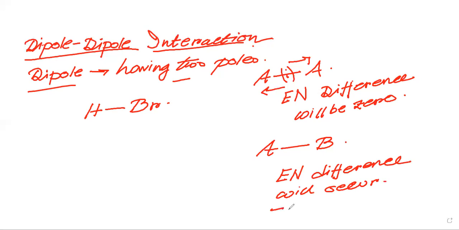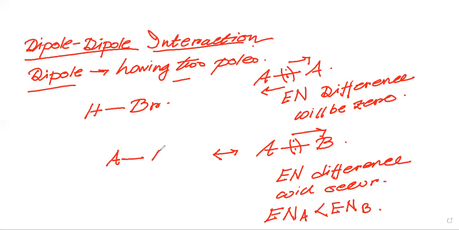Suppose the electronegativity of A is less than that of B. What will happen? The electron pair in that covalent bond will be pulled more towards B, and then a partially charged species will be generated. B will acquire some delta minus charge and A will acquire some delta plus charge.